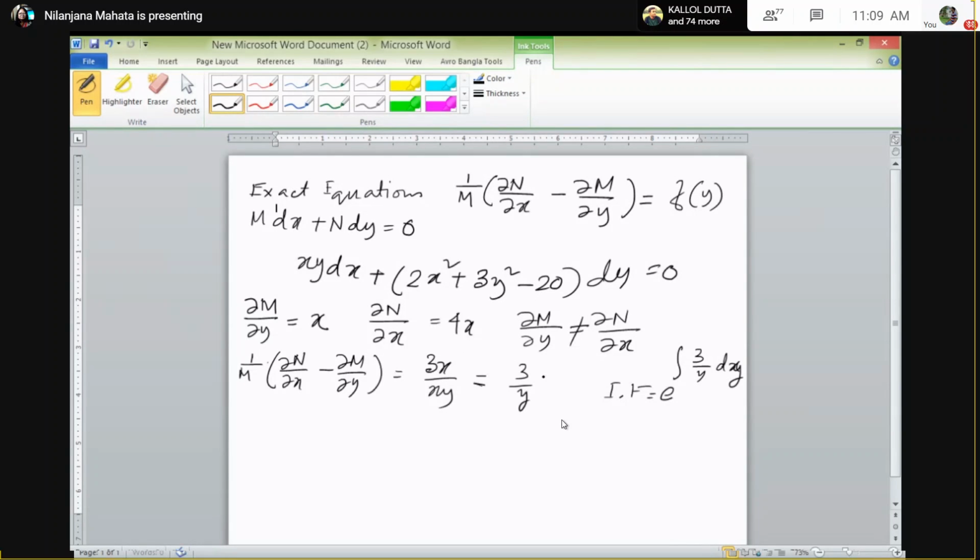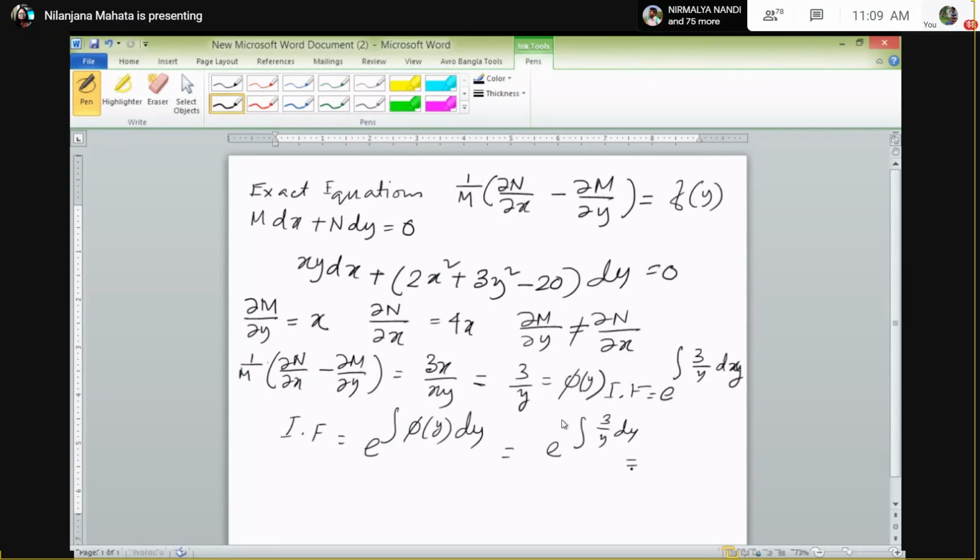If I say this is phi y, so your integrating factor will be e to the power integral of phi y dy. So in this case, our integrating factor is e to the power integral of 3 by y dy.